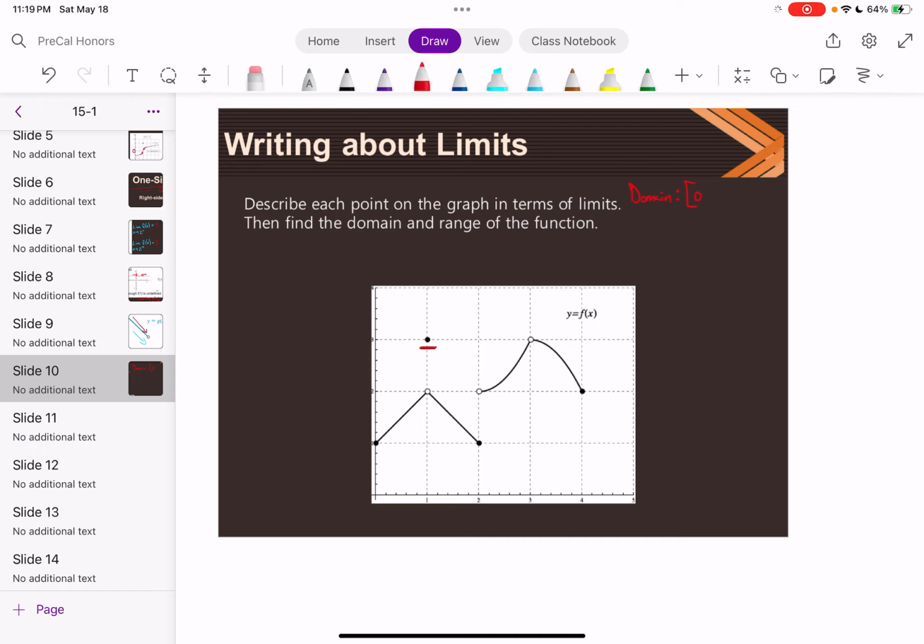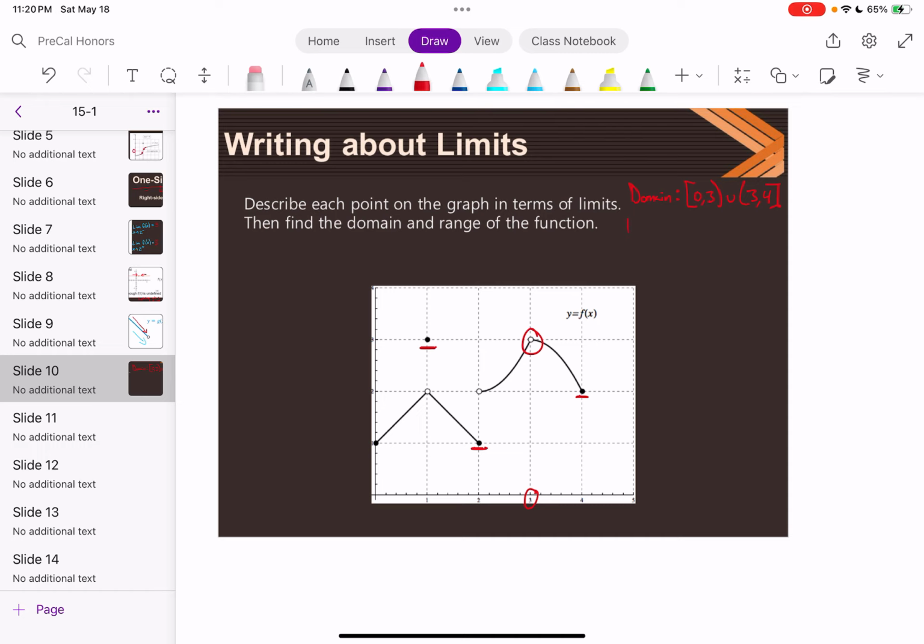It is once we get to the value of 3 where we see an open circle in which we would have to stop, use a parentheses, in union with the 3 going up to the 4. In this case, the 4 has a closed circle, which means we go ahead and place our brackets.